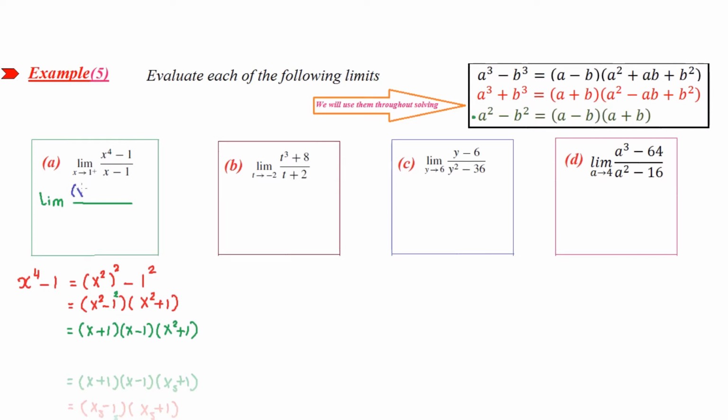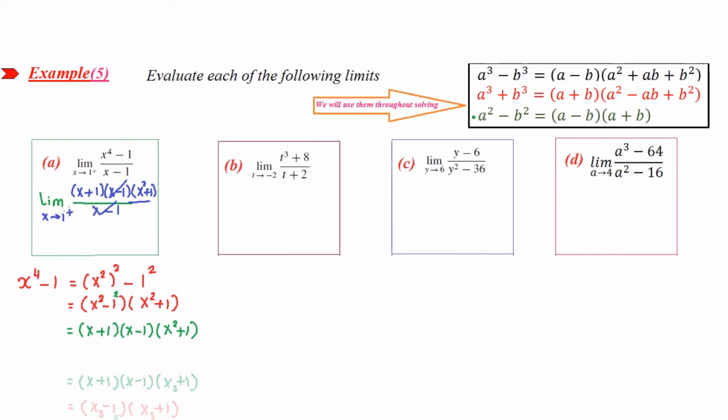Write it here: x plus 1 multiplied by x minus 1 multiplied by x square plus 1, divide by x minus 1 when x goes to 1 from right. Then you have to cancel x minus 1 with x minus 1 and replace x by 1 here.